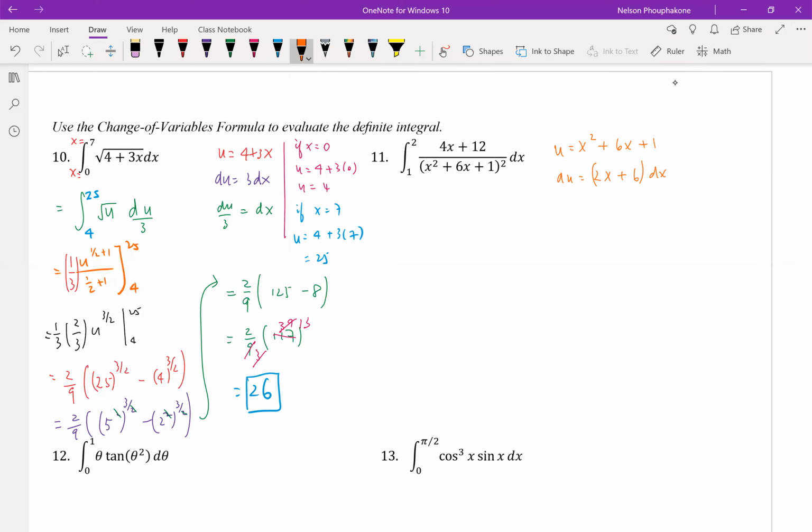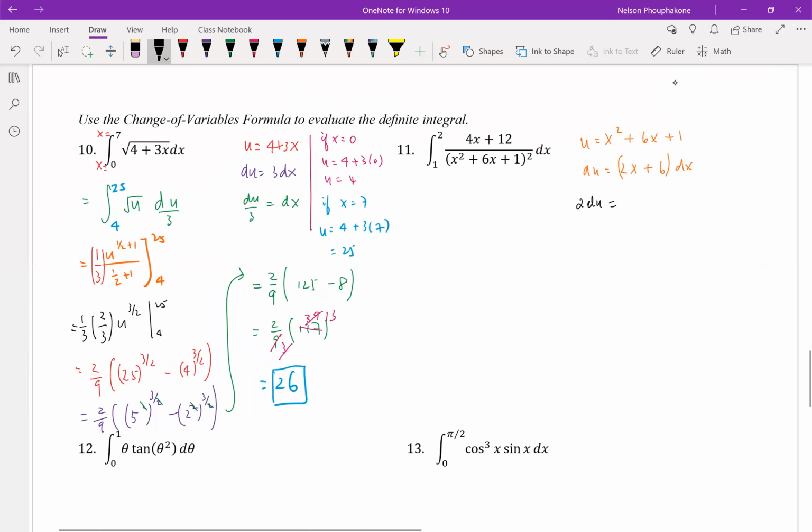So what I could do here is multiply both sides by 2. Then I will have this one, it will be 2 du over u squared.